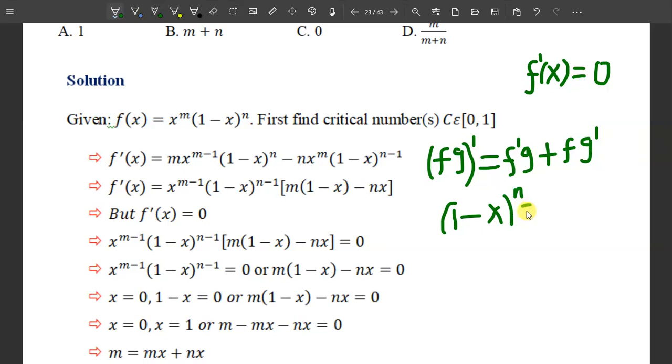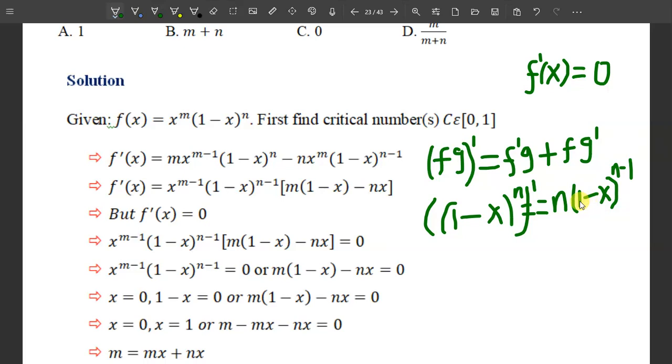If we derivate this one, it becomes exactly equal to n into 1 minus x to the power of, first we derivate the power n minus 1, and then again by chain rule derivate 1 minus x.